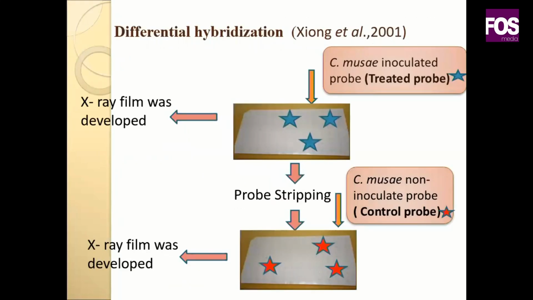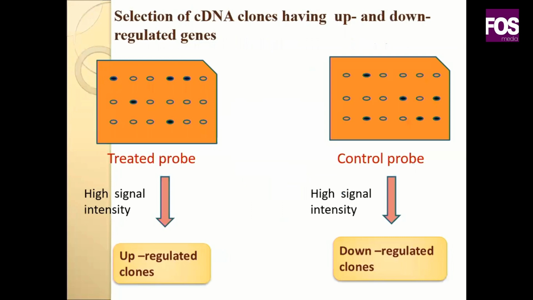By doing this differential hybridization, we were able to identify different levels of expression, like up and down regulation. The treatment probe, which we prepared from the infected tissues, showing high signal intensity compared to the control, we call upregulated clones. Those are the genes which are expressed under disease conditions.